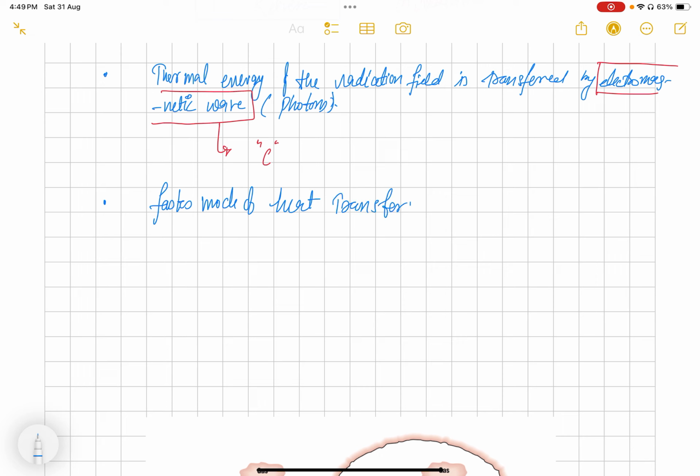In radiation, we have to understand some of the terms which are very important. So the first one is emissive power.